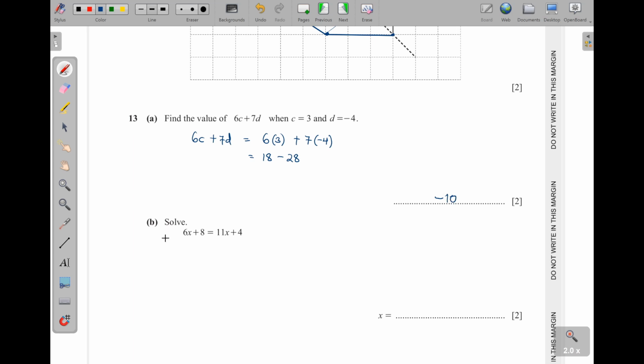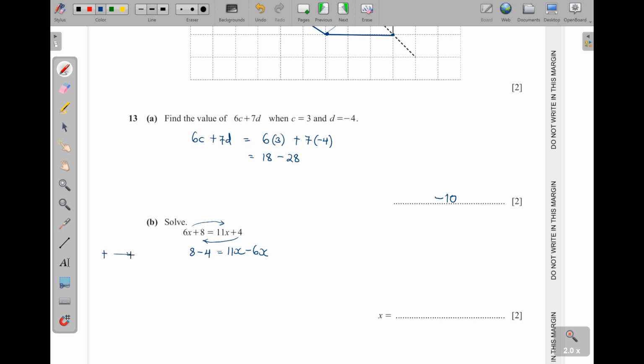Then next part B, we are supposed to solve this equation. So what we can do is to take x to one side and then the constants on one side. So when 6x crosses, it is going to be a negative. So now this side we are remaining with 8. Now 4 crosses, it's a negative. And then 11x here, then minus 6x. Remember, we undo operations.